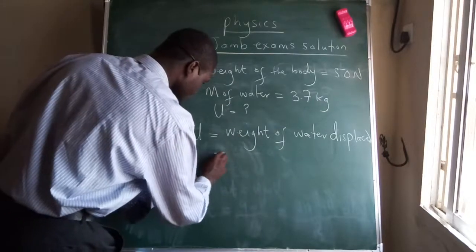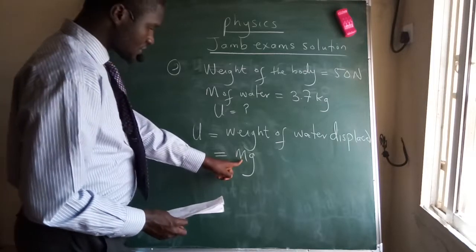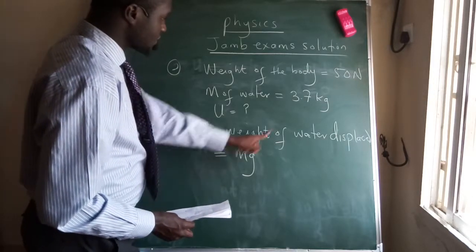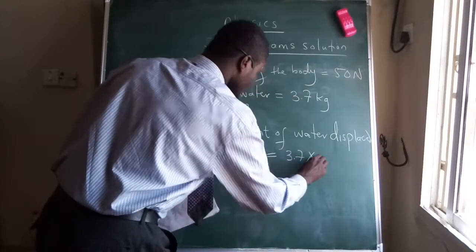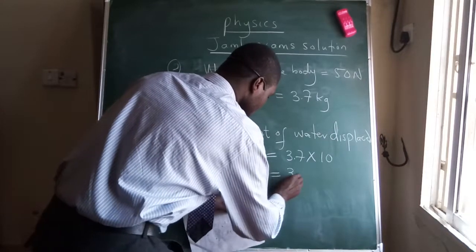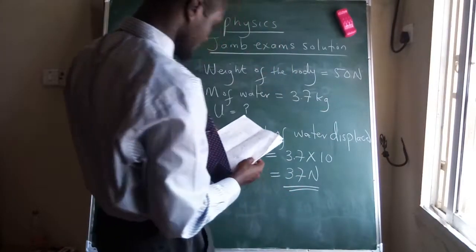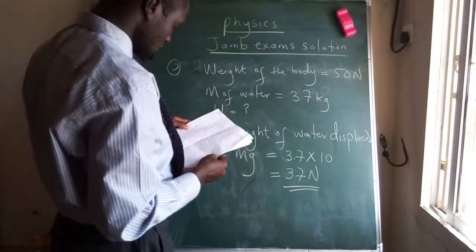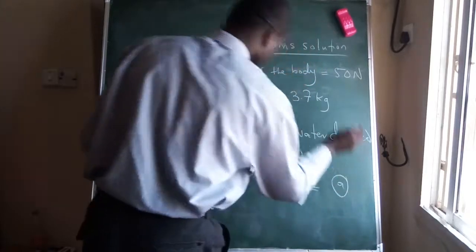And we know that weight is mass times acceleration due to gravity. And the mass of the water displaced, they say, is 3.5 kilograms. So I have 3.5 multiplied by acceleration due to gravity, which is 10. So I have 35 Newton. That's my answer. So this is the upthrust on the body. And this is option A. Option A.